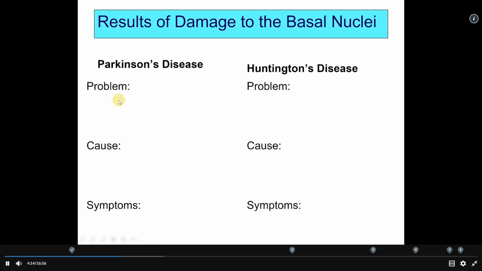The problem in Parkinson's disease is that people can't take the brake off. And as a result, there's absence or difficulty with intended movements.